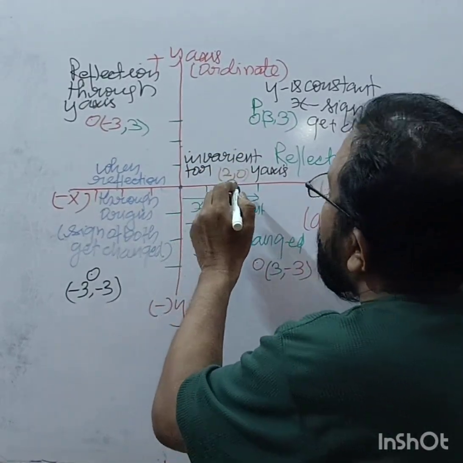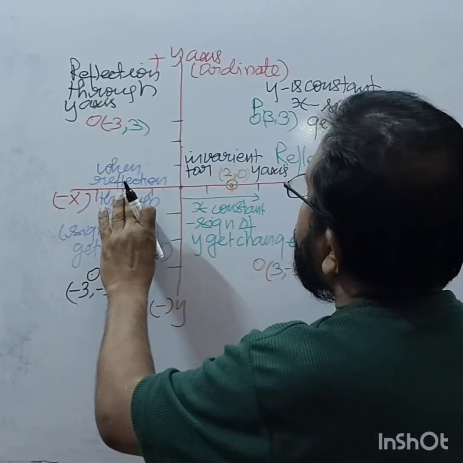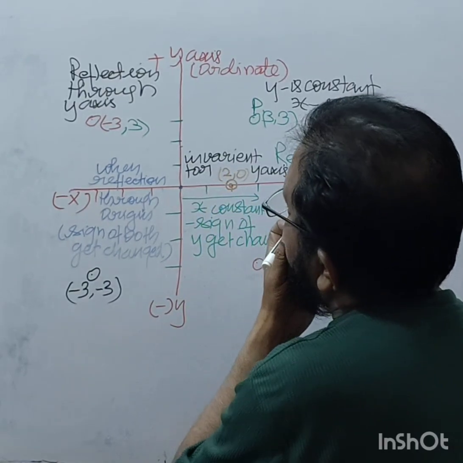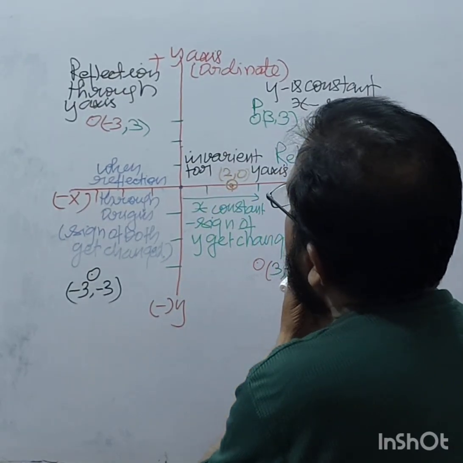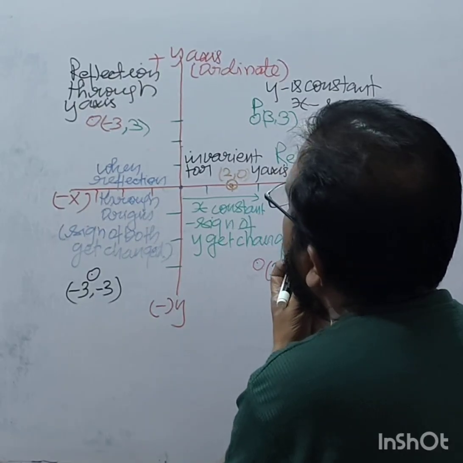It is invariant, but it has reflection with the y-axis. Invariant for the y-axis, 2 comma 0.